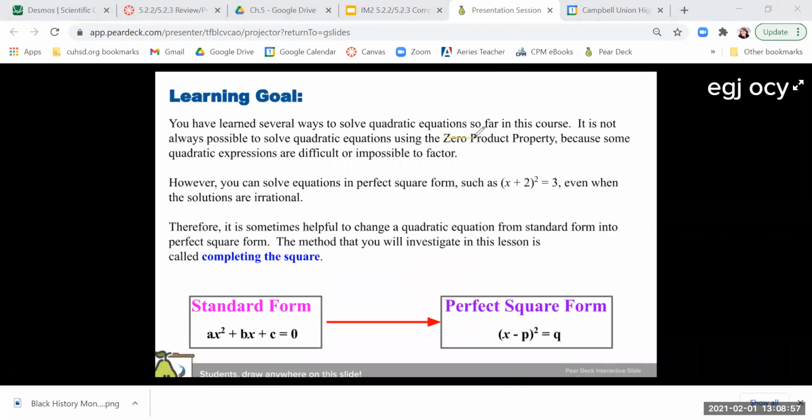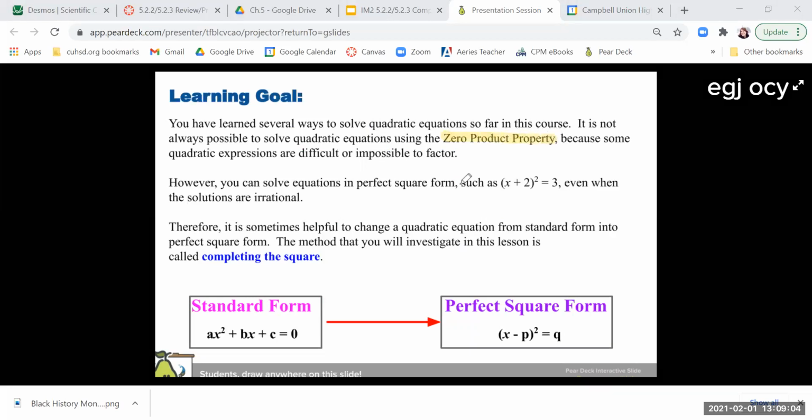Zero product property is when we take an equation in standard form, like the one down below in the box, and we factor it, if we're able to, and then we set each factor equal to 0. That is what we mean by using the zero product property.